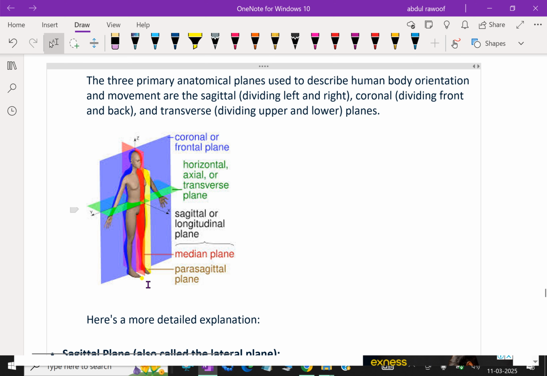Then the median plane, and next one is the parasagittal plane. These are the planes of the body.